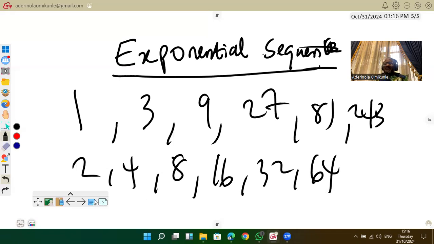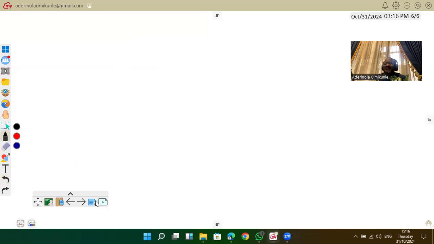So getting the nth term for an exponential sequence is actually very, very easy and very straightforward. Let me start with the second example I wrote just now, the one with 3. Find the nth term of this exponential sequence. Please don't forget, with all our videos, you can always pause and understand the concept before you hit the play button again.